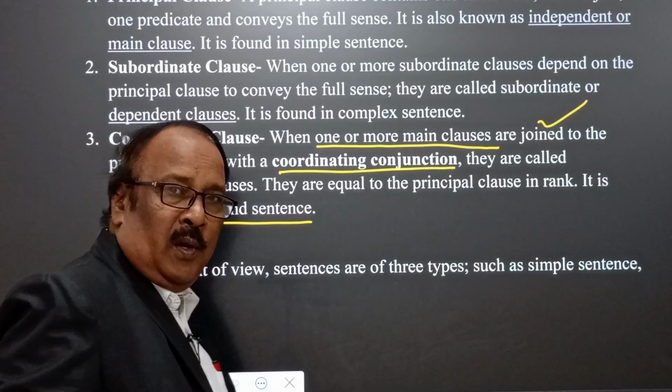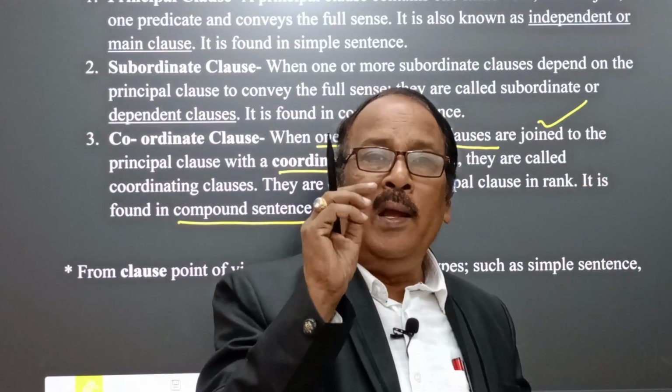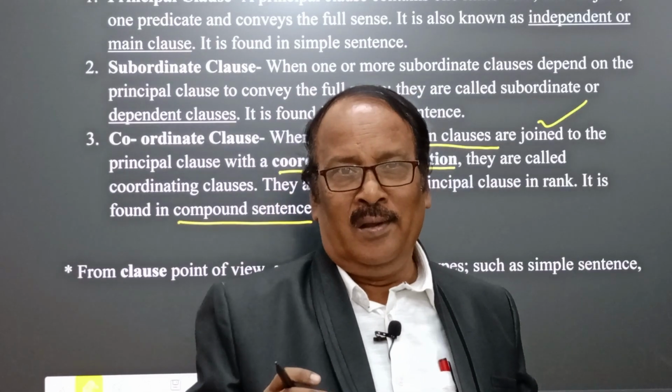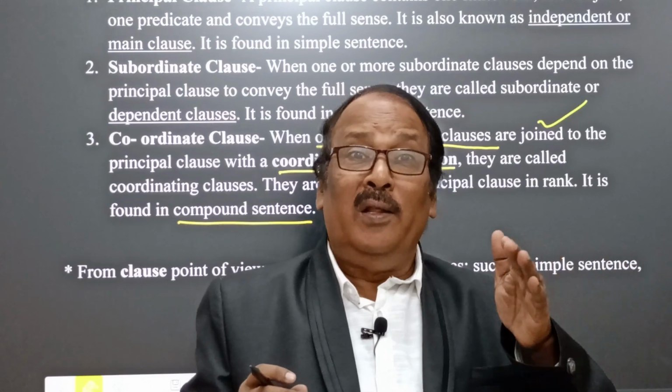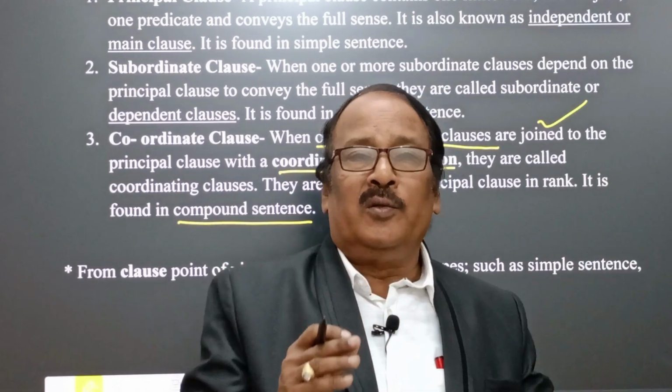Independent clauses are joined by a linker or coordinator or coordinating conjunction, like but, either or, neither nor, both and, not only but also.